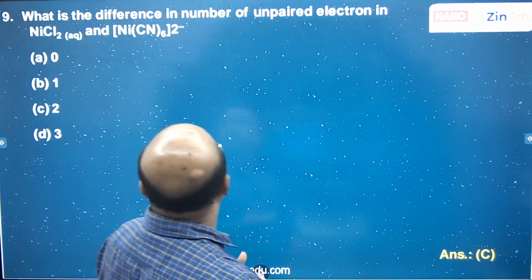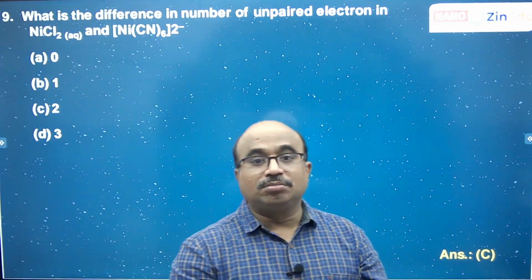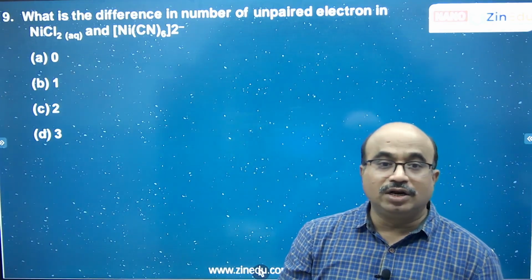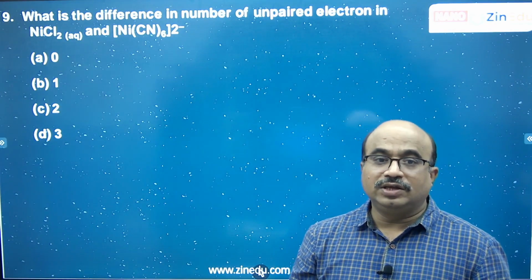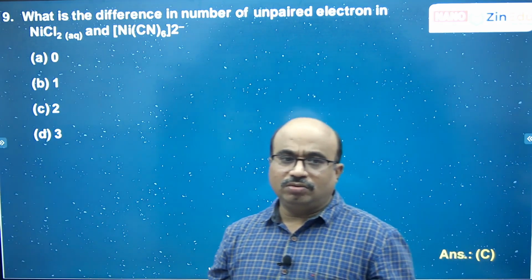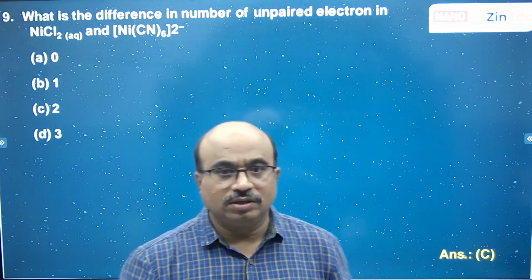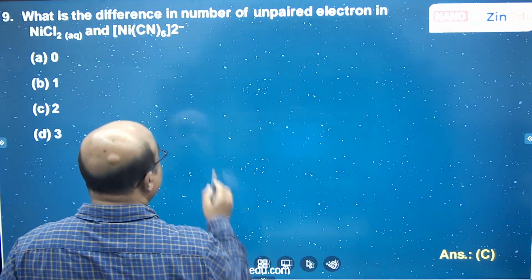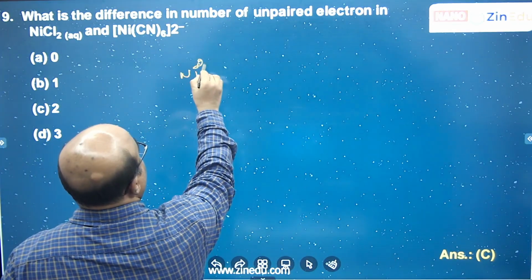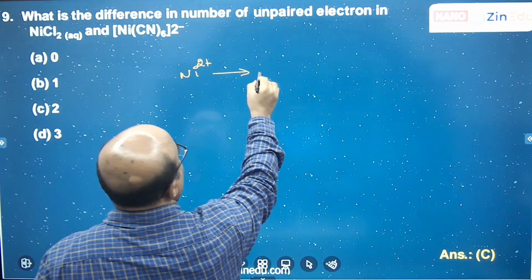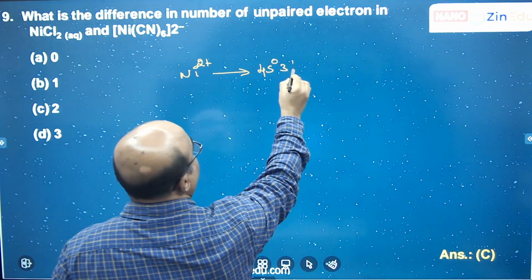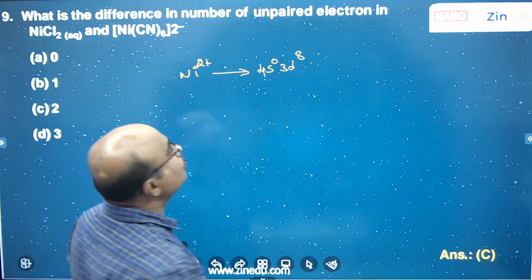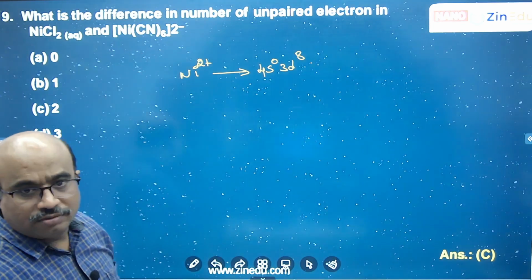Now, what is the difference in the number of unpaired electrons in NiCl4 2- and Ni(CN)4 2-? Options 0, 1, 2, 3. So, what is in NiCl4? Nickel 2 plus. Its configuration is 4s0 3d8. It's a complex with a weak field ligand.